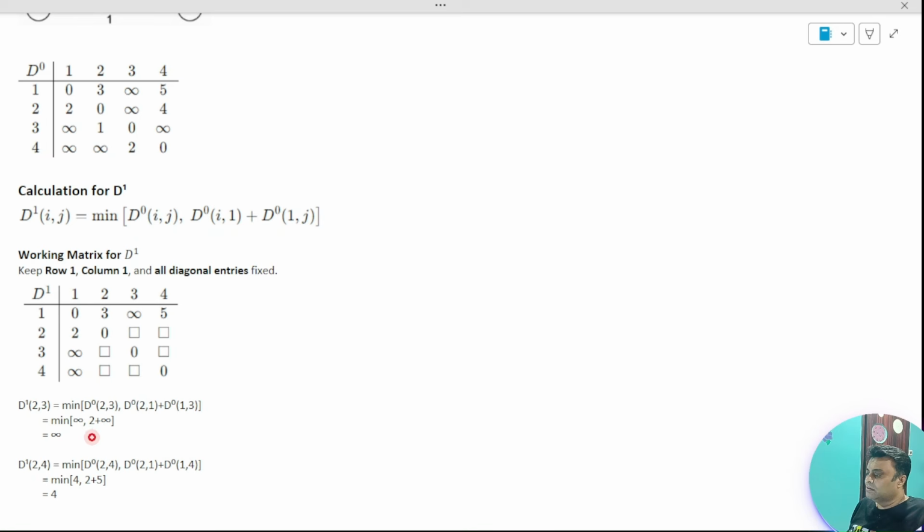So if we do that, then we say that D021 for this, and D013 for this, and those two are 2 and infinity here. D021 is 2, and D013 is infinity. So 2 plus infinity is infinity. Minimum of infinity and infinity is infinity. So I will retain infinity in D123.